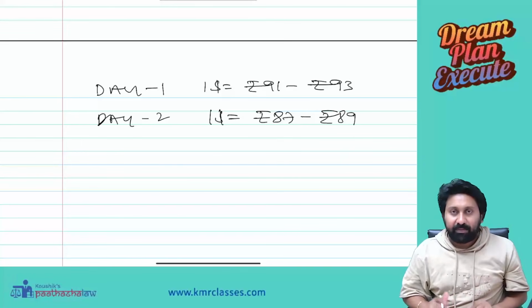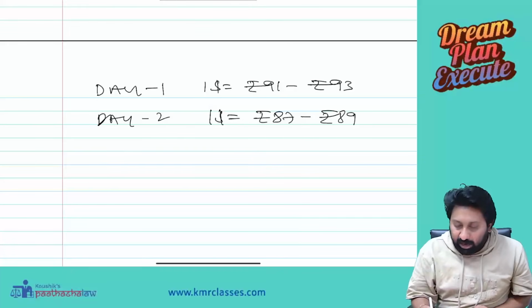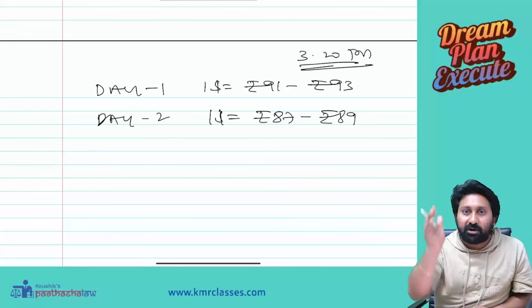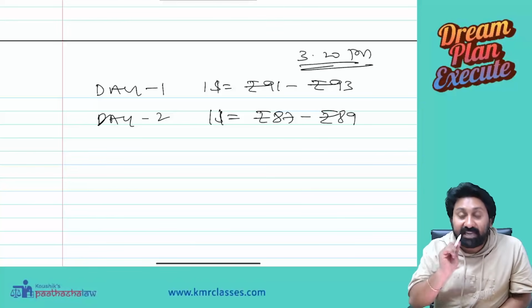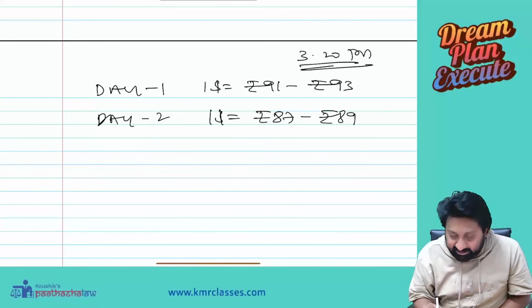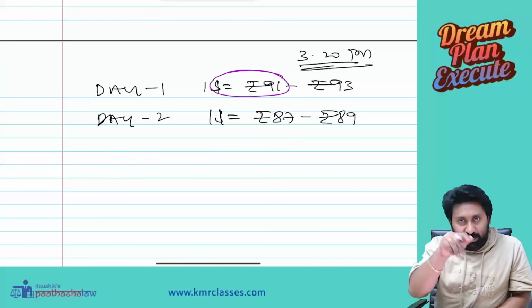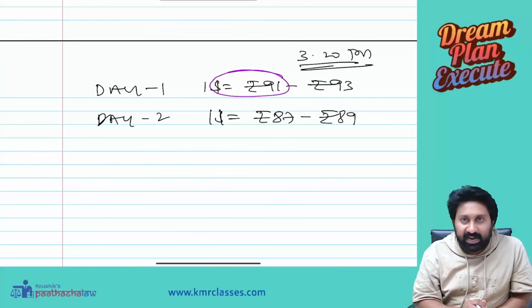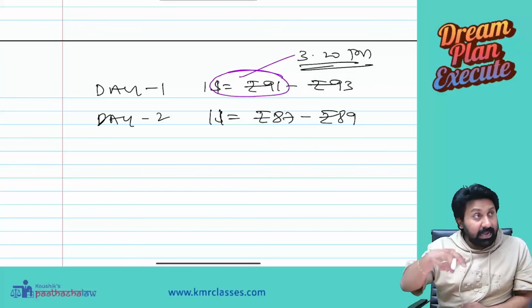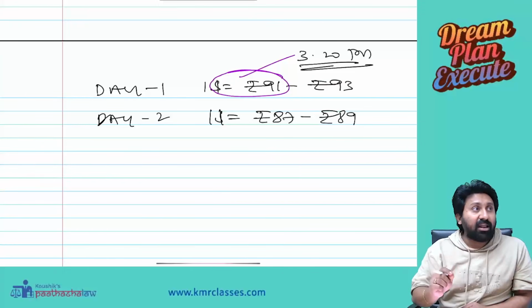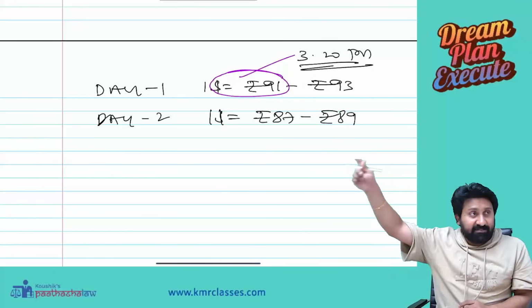Over 2 days, a bank at 3:20 p.m. in the afternoon, before the closing time that day, purchased $1 lakh at 91. The banker purchased $1 lakh at 91. Next day, the dollar rate is 87 and 89.